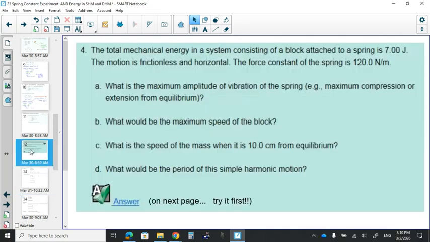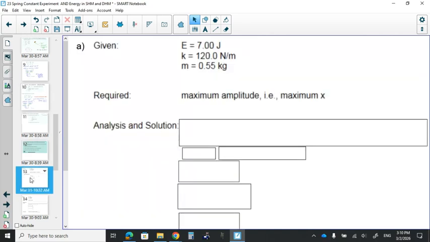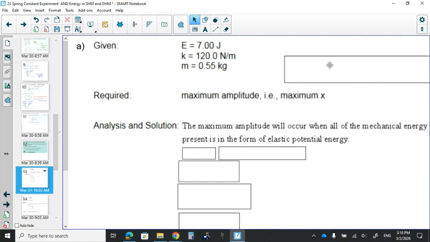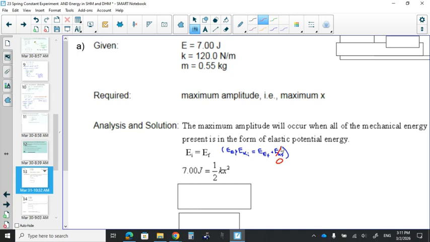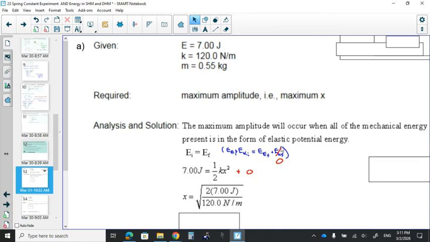So for the first part here, we had maximum amplitude. For maximum amplitude, we're going to have the kinetic energy be 0, right? So you're going to see in your initial energy equals your final energy situation, the kinetic energy is going to be 0. That's why there's nothing here for that. And then plug in values and solve and so on.